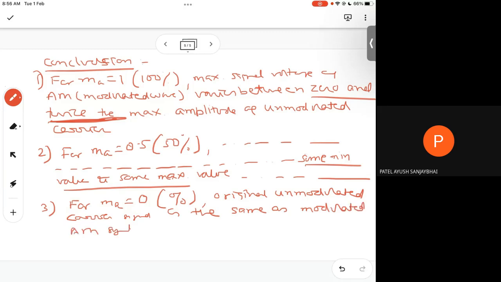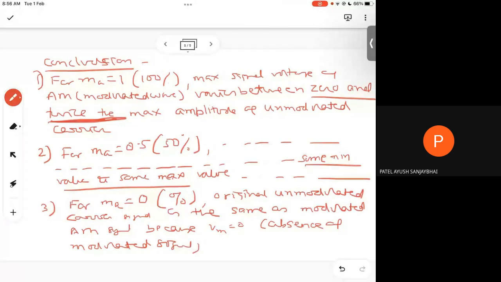Why? Because your VM is equal to 0, which means absence of the modulating signal. So it remains the same.